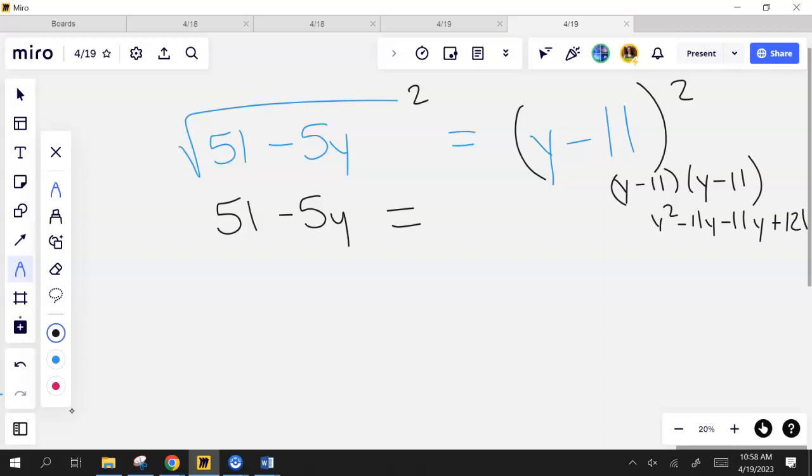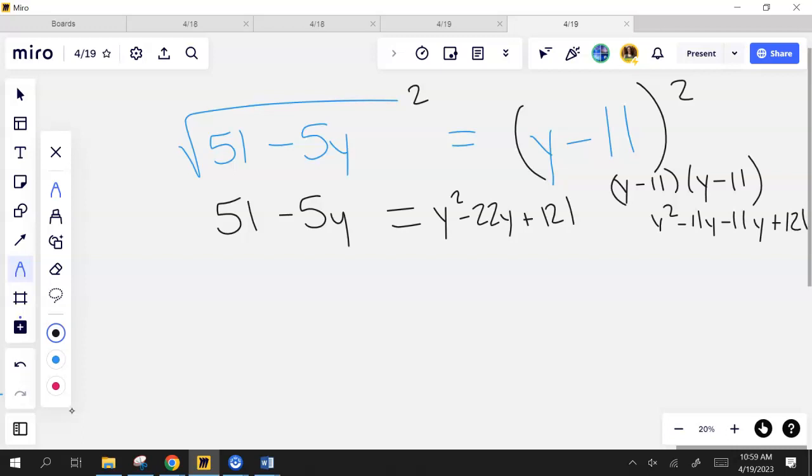So if you FOIL that out and clean it up a little bit, you get y squared minus 22y plus 121. But now I've got myself in a sticky situation because I have a quadratic, right? So we rewind back to chapter 1. How do you solve a quadratic? I'm going to make it equal 0 first.